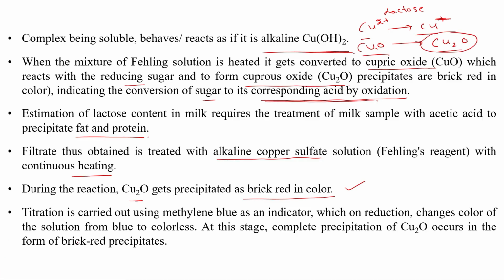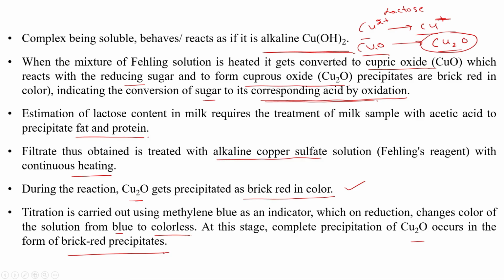Titration is carried out using methylene blue as an indicator, which on reduction changes the color of the solution from blue to colorless. At this stage, complete precipitation of cuprous oxide occurs in the form of brick red precipitate.